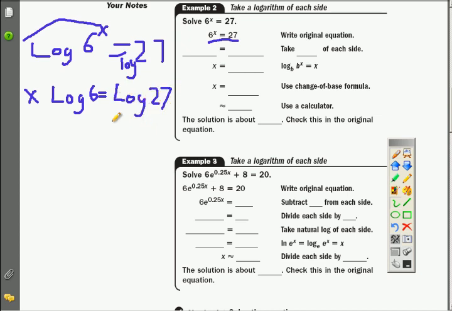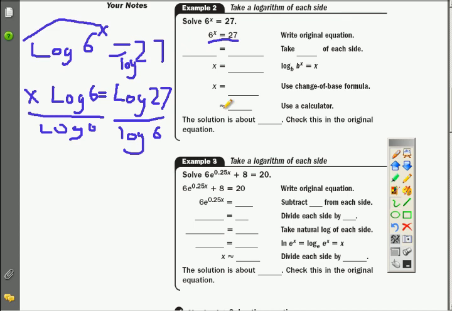And then I divide both sides by the log of 6. Hopefully you can read that. And you'll have a decimal divided by a decimal, and you end up getting an answer. They did it a little different. They said, let's do a change of base formula on that.